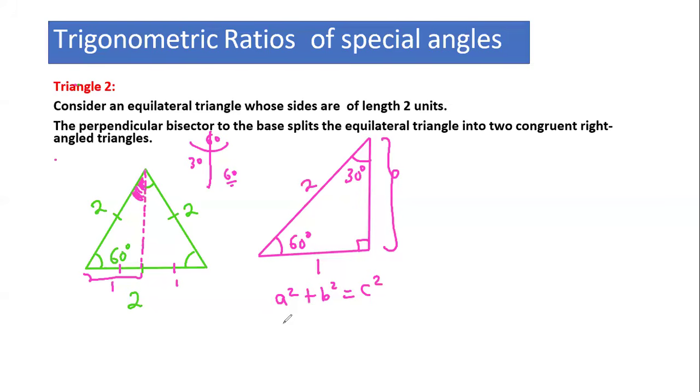So a squared would be 1 squared plus b squared is equal to 2 squared.